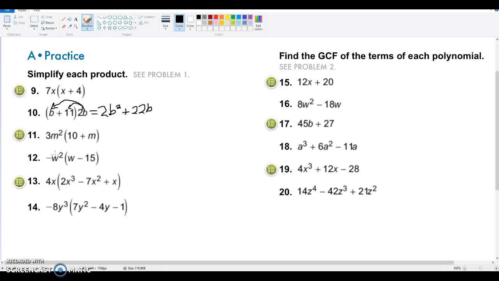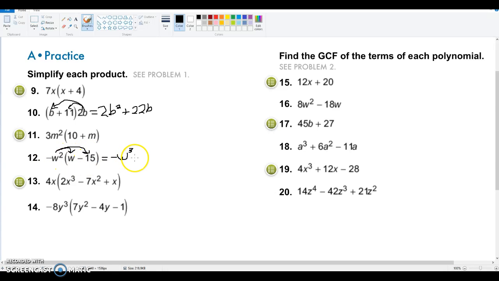So problem 12, we have negative w squared times parentheses w minus 15. Negative w squared times w, that's a negative because it's negative times a positive, so that's going to be equal to negative w. We have two w's plus one more w makes it w cubed. And then we have negative w squared times negative 15.